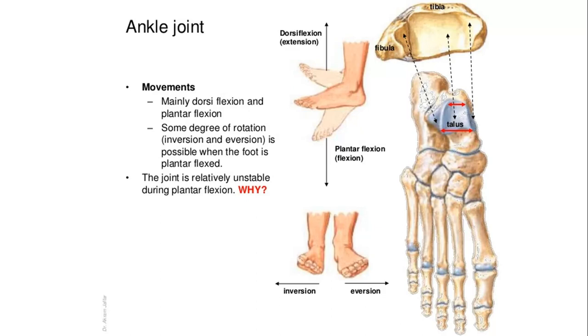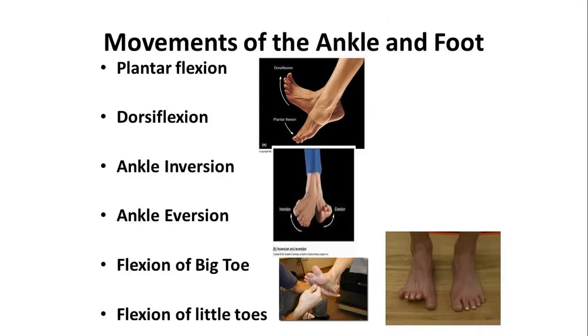So in this sense, the joint is relatively unstable during plantar flexion, and this is mainly because of the shape of the trochlea of the talus. Movements: plantar flexion, dorsiflexion, inversion, eversion, and flexion of the big toe; flexion of the little toes is a separate one.